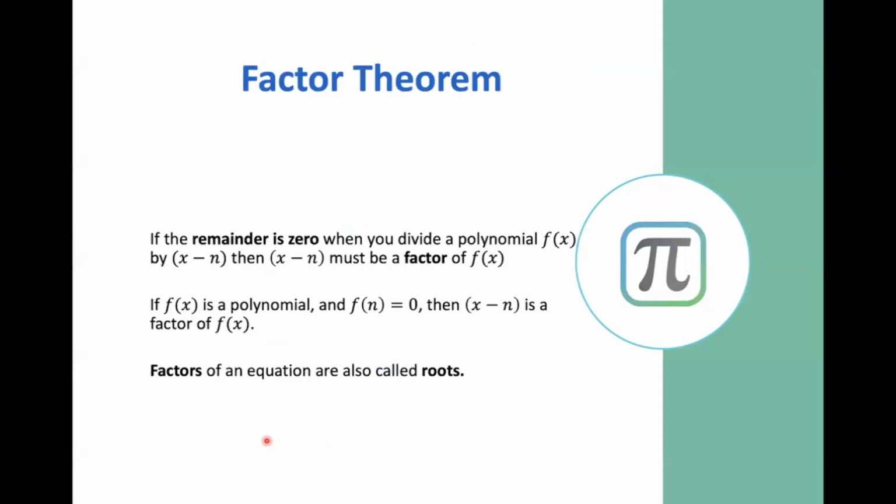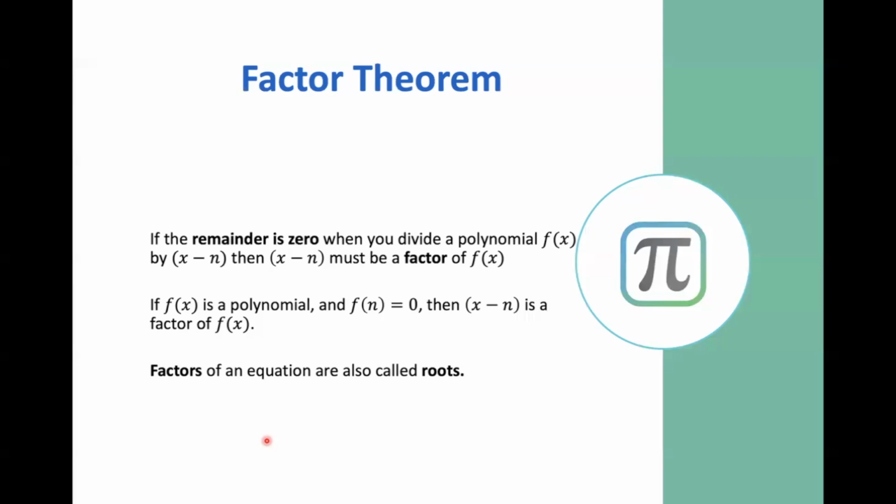In all previous examples, we have had a quotient and a remainder, and you may well get a question on that. But perhaps what is more useful is when you can find a factor of a polynomial, the factor theorem.